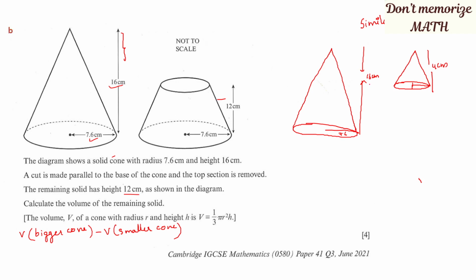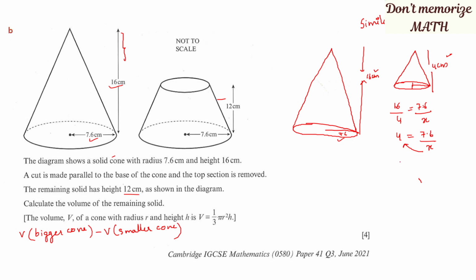When you have two similar shapes, the ratio of corresponding sides must be equal. So the ratio of corresponding sides means 16 over 4 equals 7.6 over x, taking the radius as x. 16 over 4 is 4, so 4 is equal to 7.6 over x.